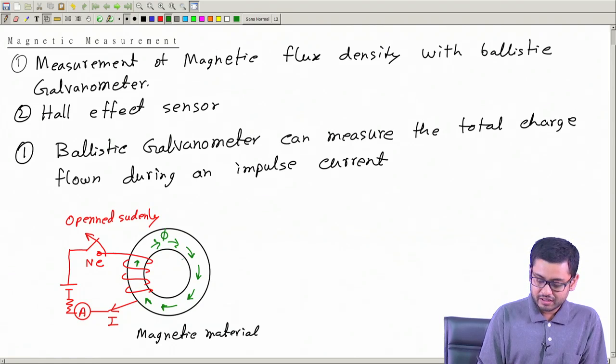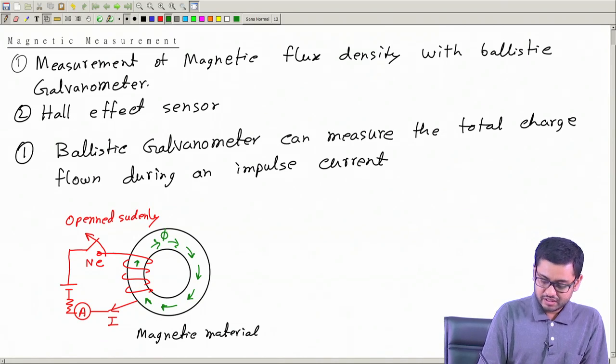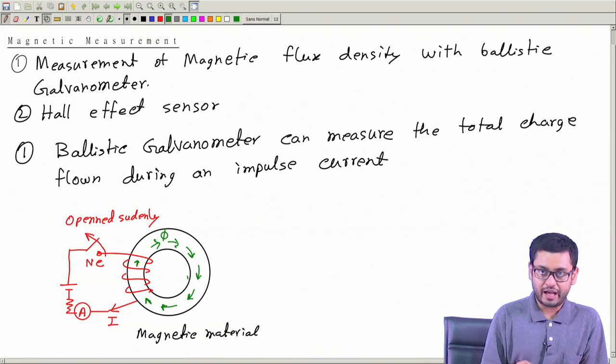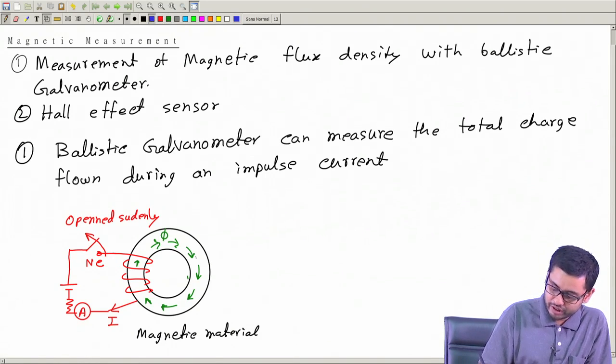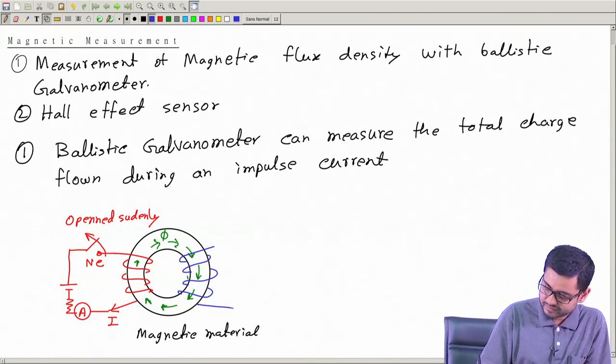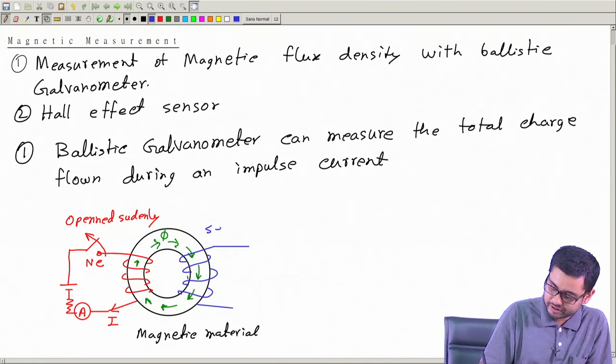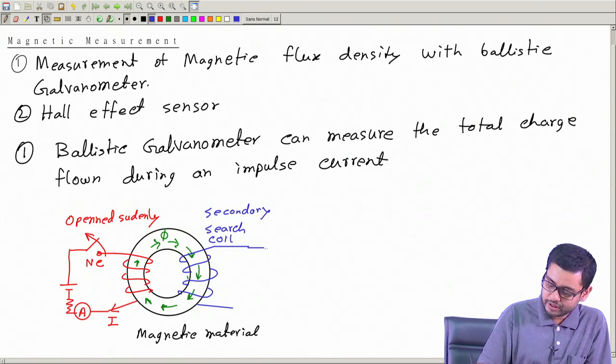So, there will be a quick change of the flux. Now, what we will do? We will take a second coil, wound here. This is like the secondary. This is also called the surge coil. You can call it secondary, and we will connect a ballistic galvanometer here.